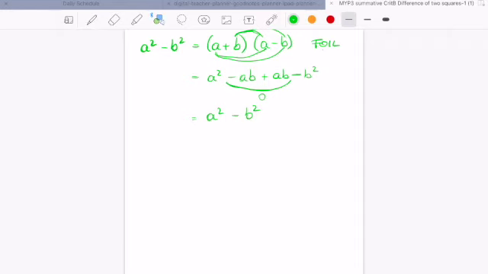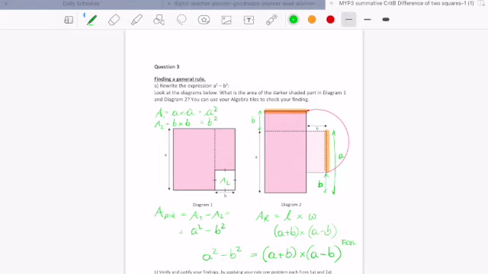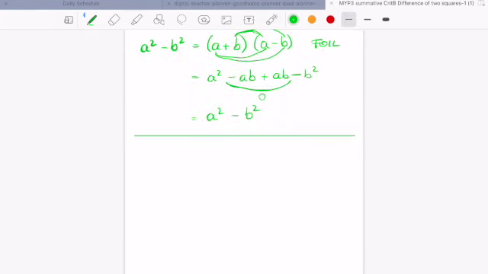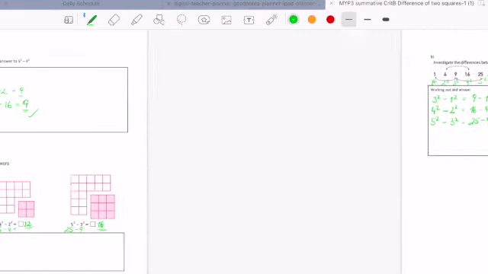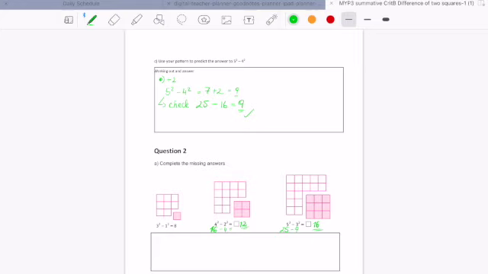That would be question, I think yours were labeled differently, but that's 3b from what I have here. And I'm going to choose one question from 2a. I am actually going to draw out this one, 5 squared minus 3 squared.